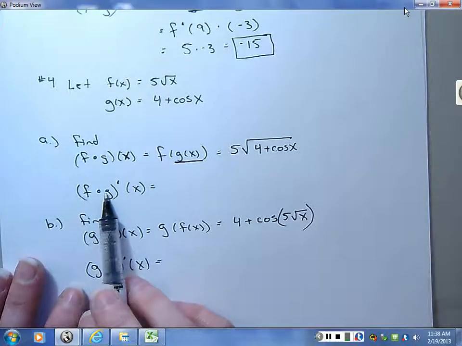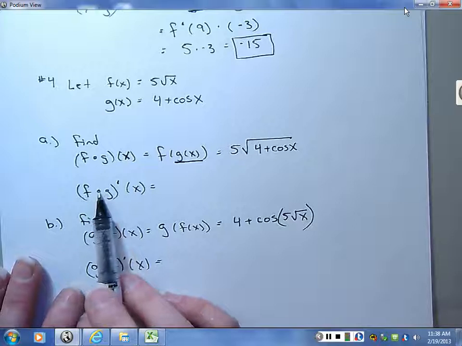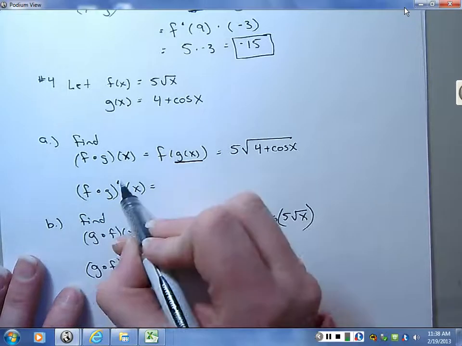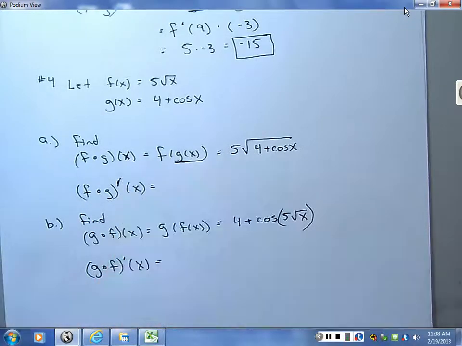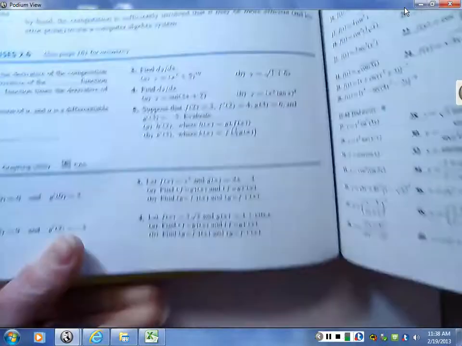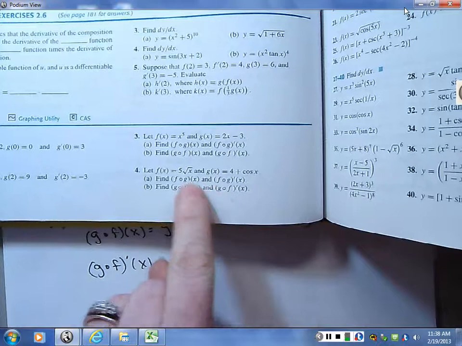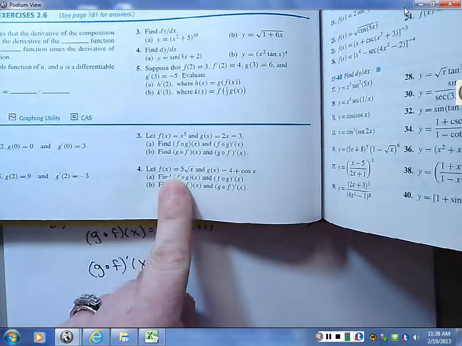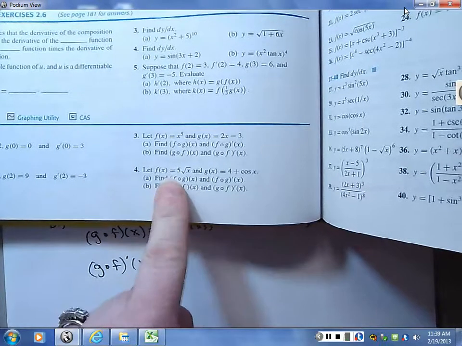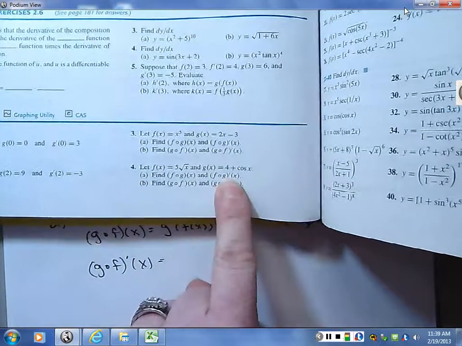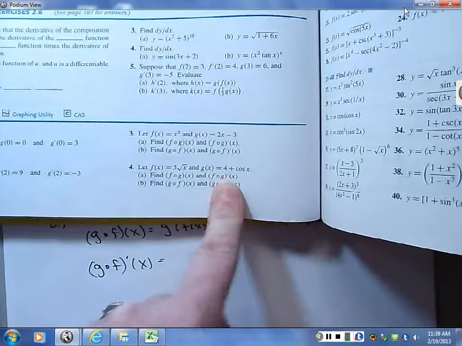So you take the composition and you find the derivative. That's the notation from your book. It means this is a composition function, which is just another function, and then it says you take the derivative of the composition you just found.